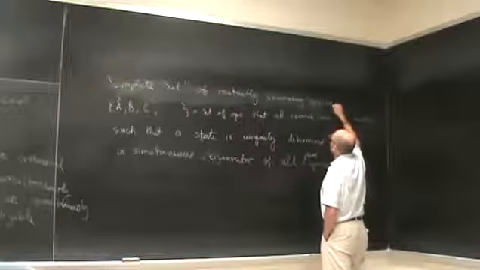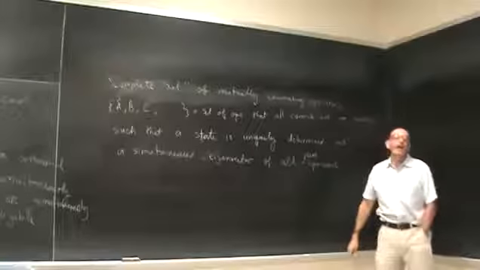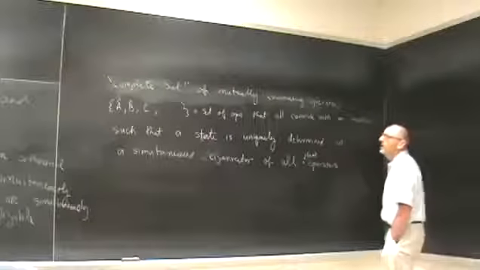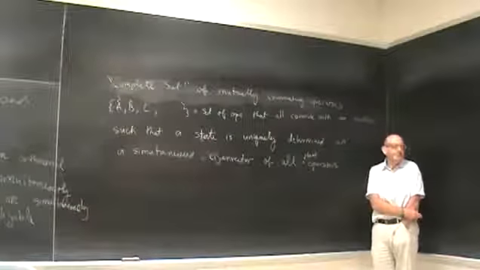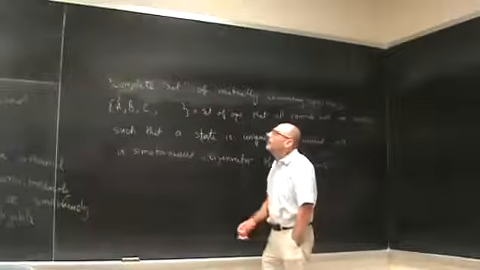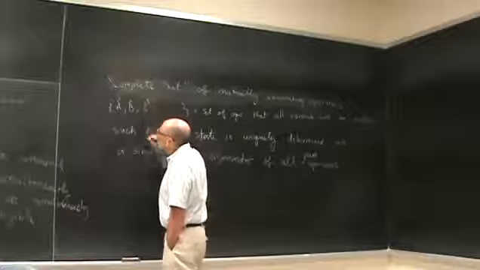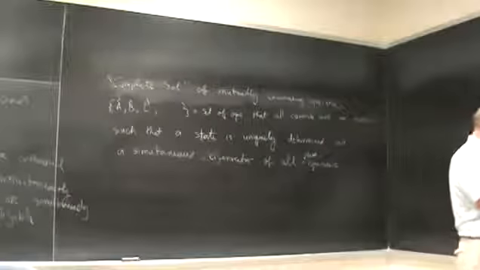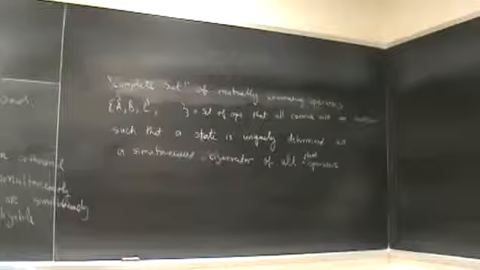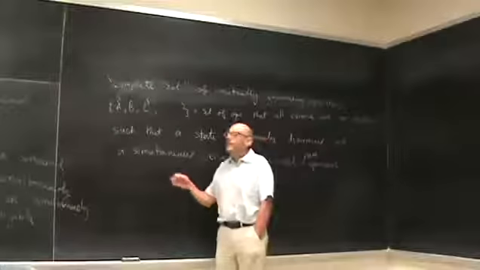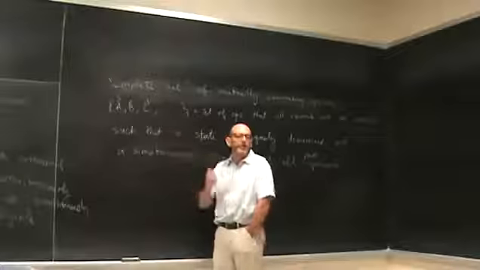Let's suppose I have a set of operators that all commute with one another. They're said to be complete if the state of the Hilbert space can be specified uniquely as the common eigenvectors of this set of operators.